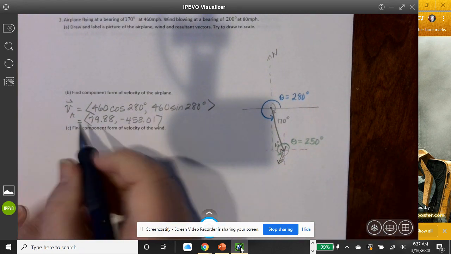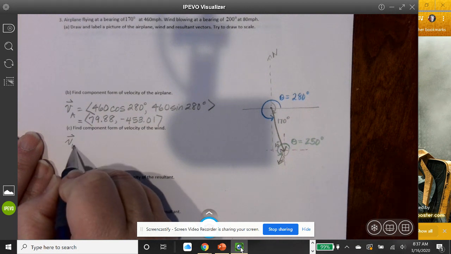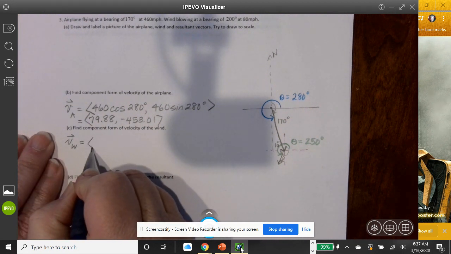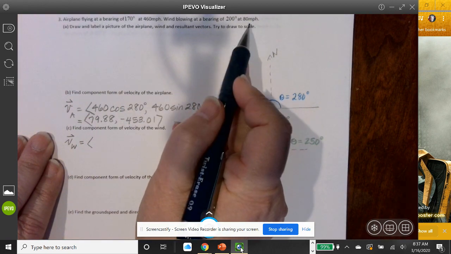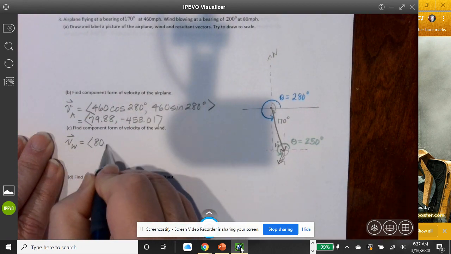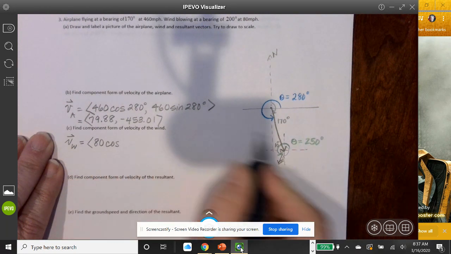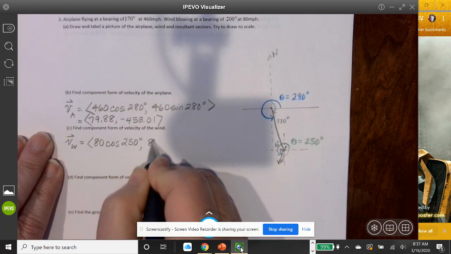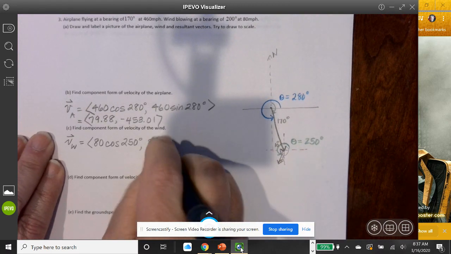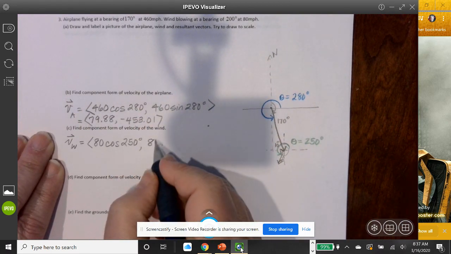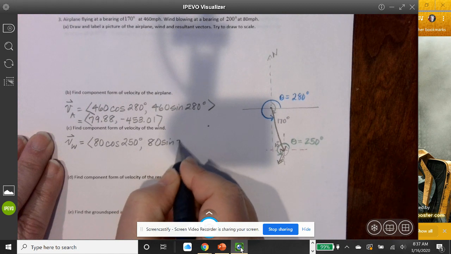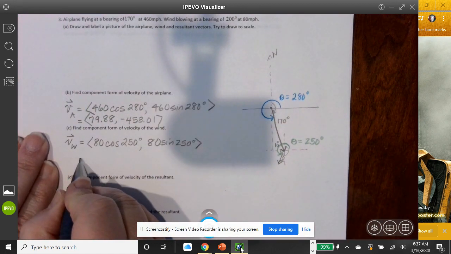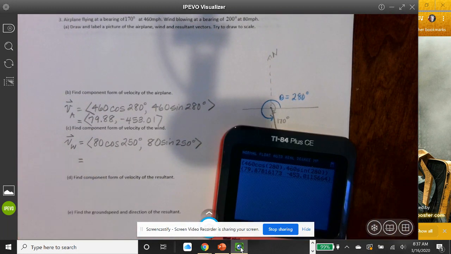So let's write the velocity vector for the wind. It's going to be the wind's magnitude, which is 80, times the cosine of its direction angle, which is 250, and 80 times the sine of 250. We're going to put that in the calculator and see what we get.